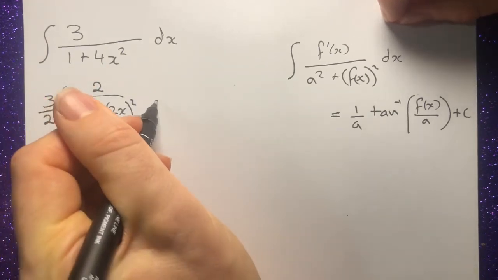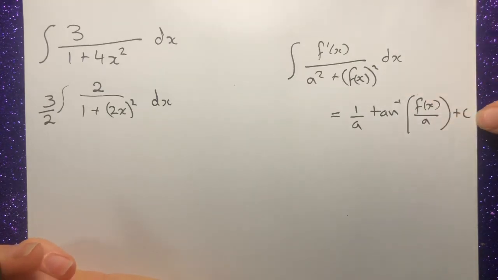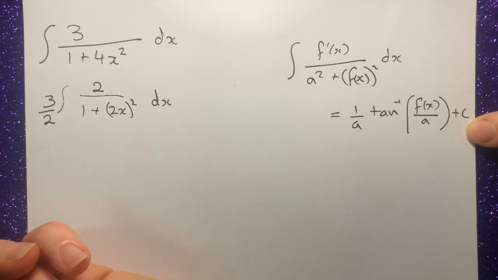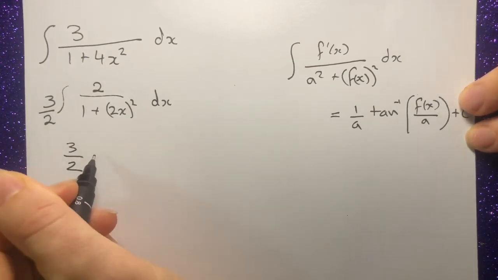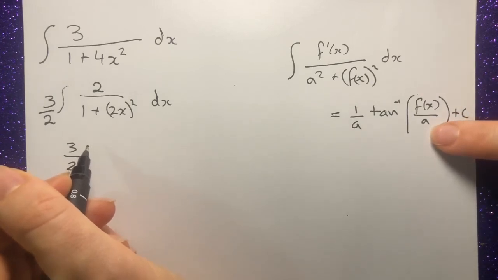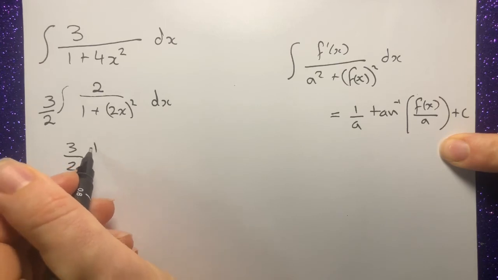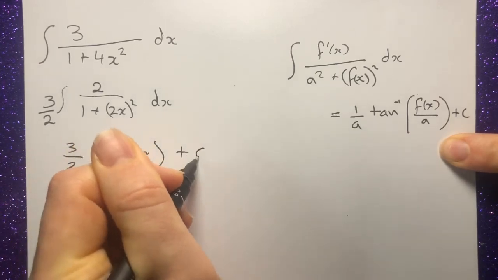That's the basic rule, I think, of integrating anything when you know what you want to make it match to. I always make it match on the inside and then push the numbers around out the front. That push around number comes out the front, and then I've got a being 1 and f of x being 2x, so I'm ready to go with inverse tan of 2x plus c.